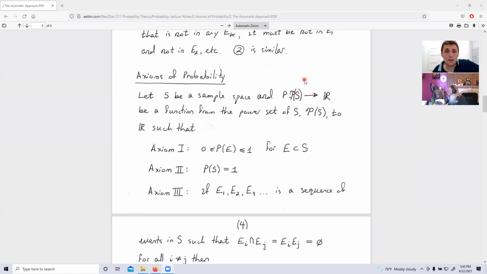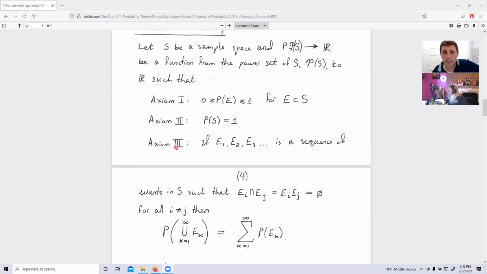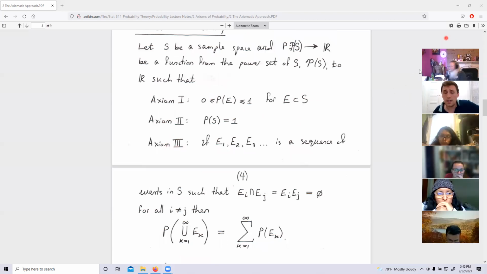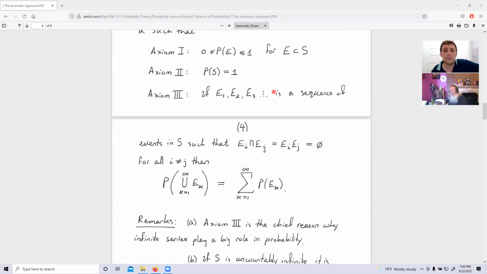And the last axiom, axiom number 3, is the most difficult of them all. It is the reason why we need to use infinite series very frequently. So what happens here? If we have a sequence of countably many pairwise disjoint events, that means all the universes in E1 are entirely disjoint from universes in E2, and so on.